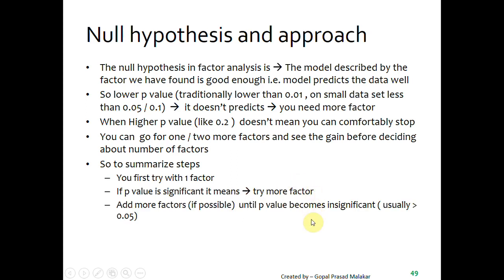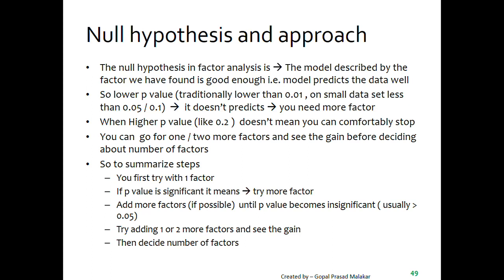Keep adding factors until it becomes insignificant, meaning the p-value becomes bigger than 0.05, and when that happens, try one or more factors to see the gain, and then you decide the number of factors. As I told you, it is not always possible to complete factor analysis on any given data set, and let me demonstrate the same to you.